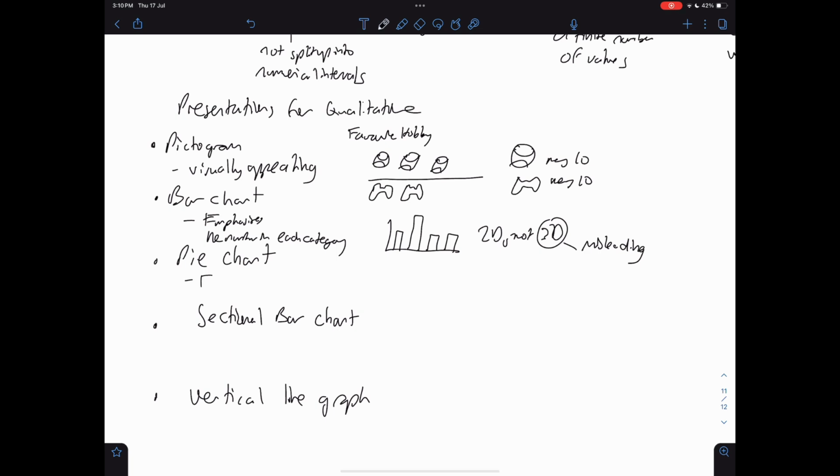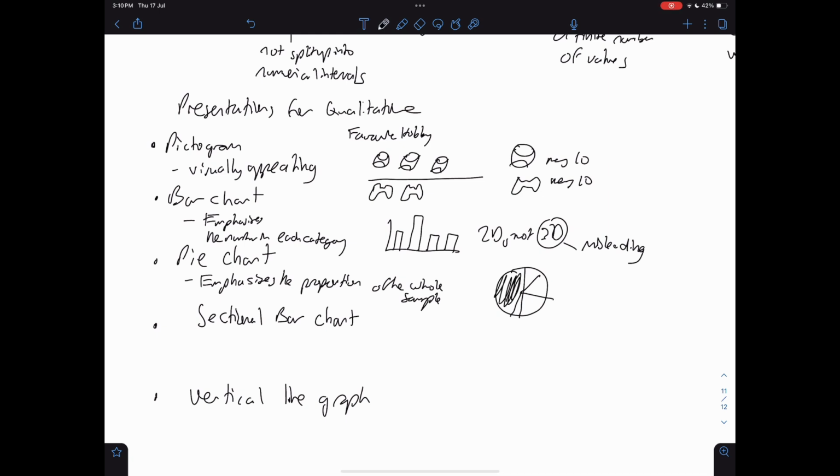And now a pie chart, rather than emphasising the number in each category, it emphasises the proportion of the whole sample, because this is what a pie chart really looks like.